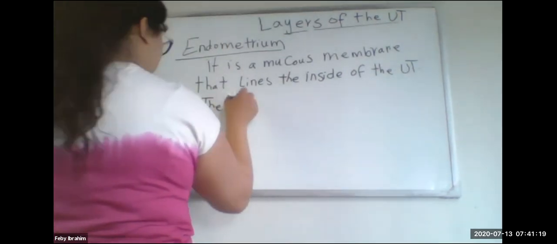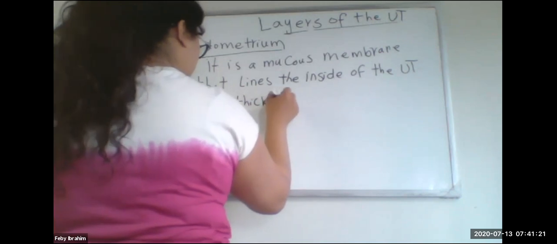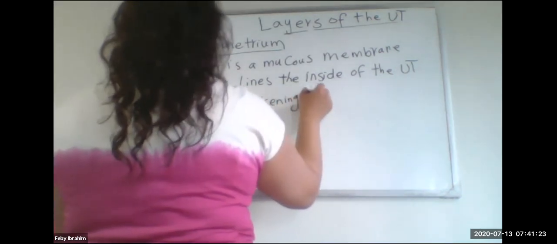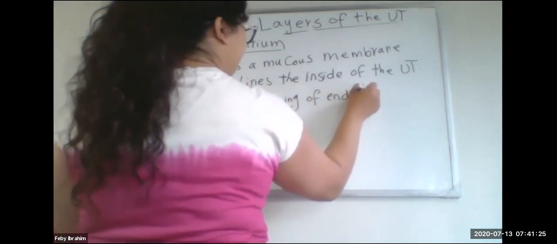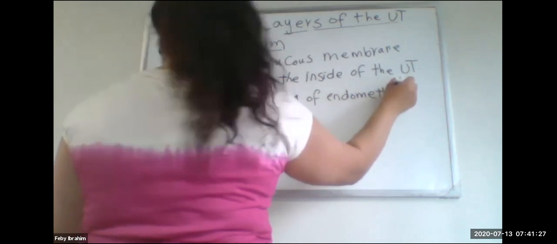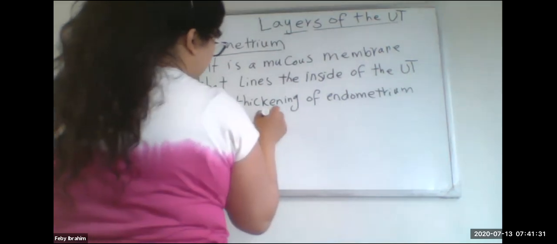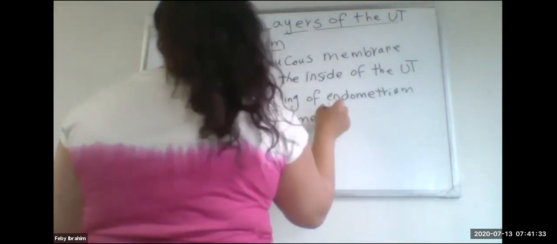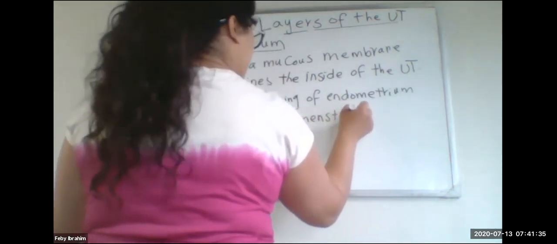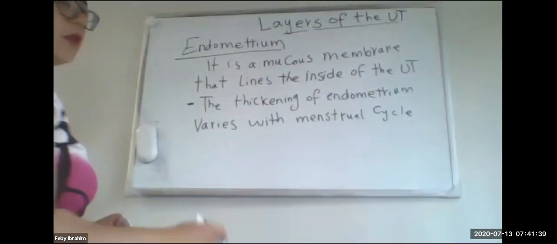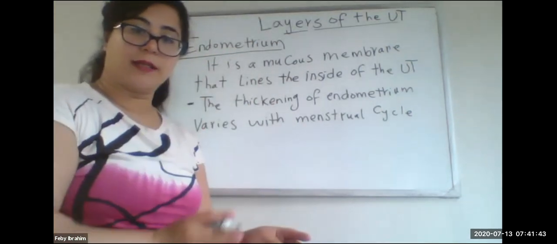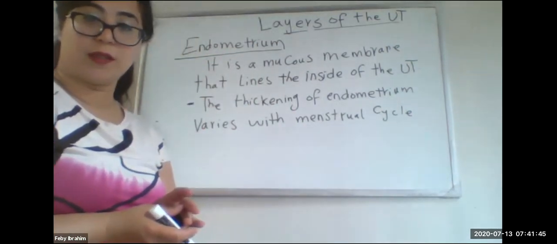The appearance of the endometrium varies with the menstrual cycle. So the endometrium is a mucous membrane lining the inside of the uterus.